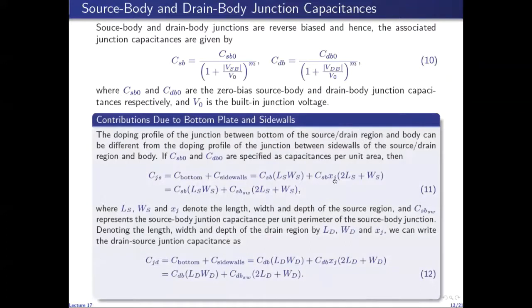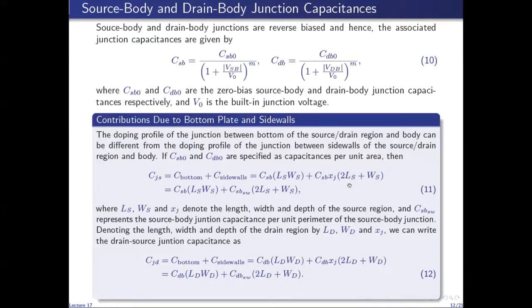So xj times LS times CSB is the junction capacitance due to the reverse bias junction between source and body at the front side, and the same at the back side of the source region. So we multiply by 2 because we add them. CSB times xj times LS plus CSB times xj times LS gives 2 times LS xj CSB.